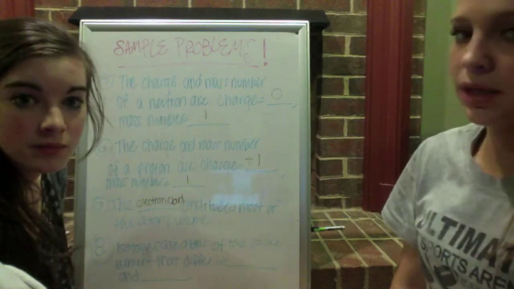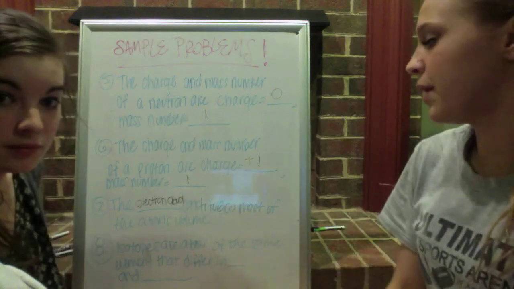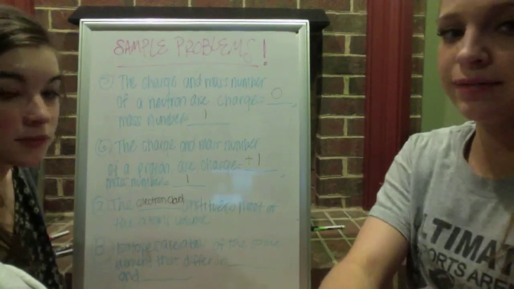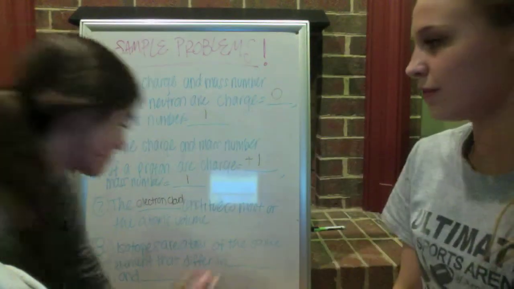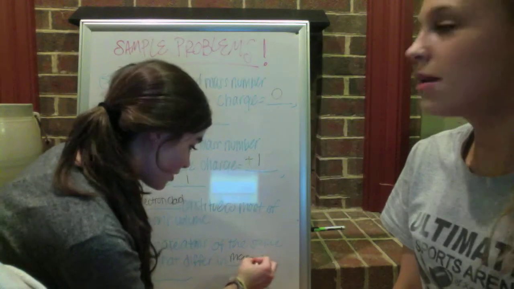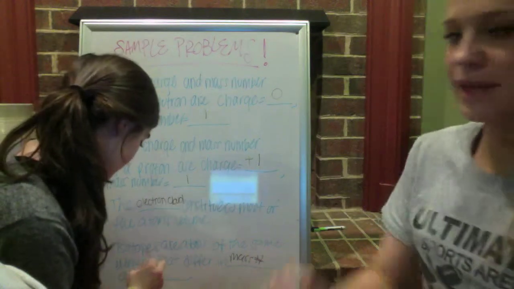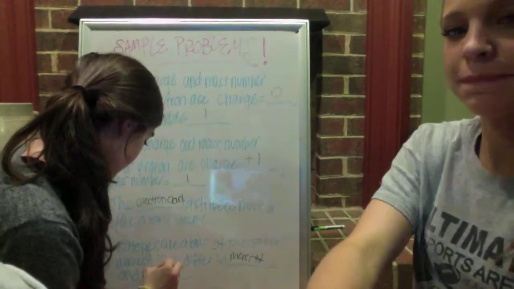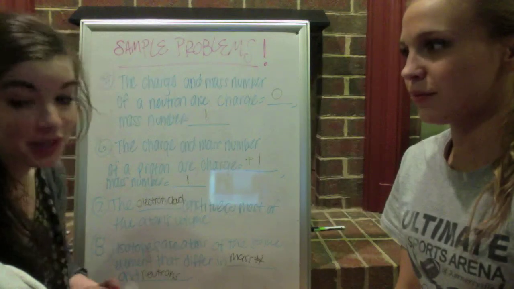And last but not least, isotopes are atoms of the same element that differ in the mass number and the number of neutrons in the nucleus. And neutrons are only located in the nucleus, if you forgot.